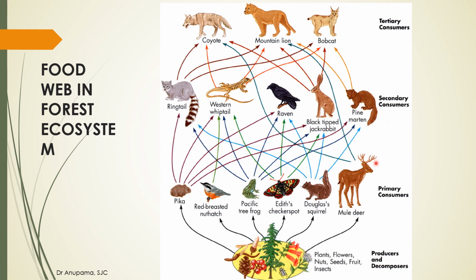Everything will be interconnected. If I represent one part like this, it is one food chain, while this can be the other food chain. So we can represent the food chains like that, but actually since they are interconnected, it becomes a food web. The complex one is the forest ecosystem food web.